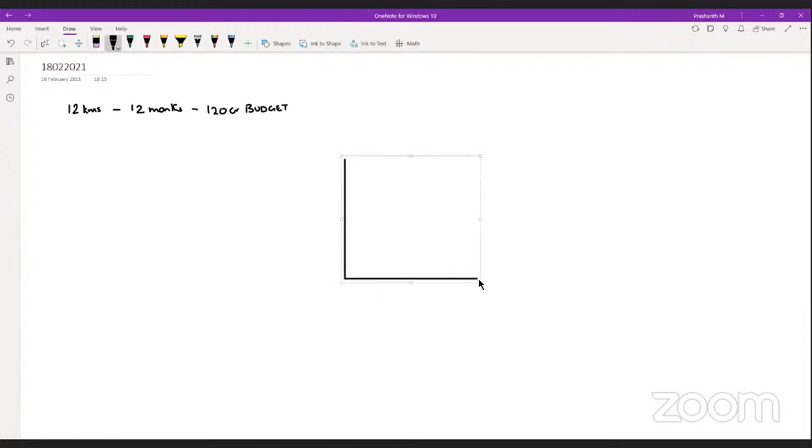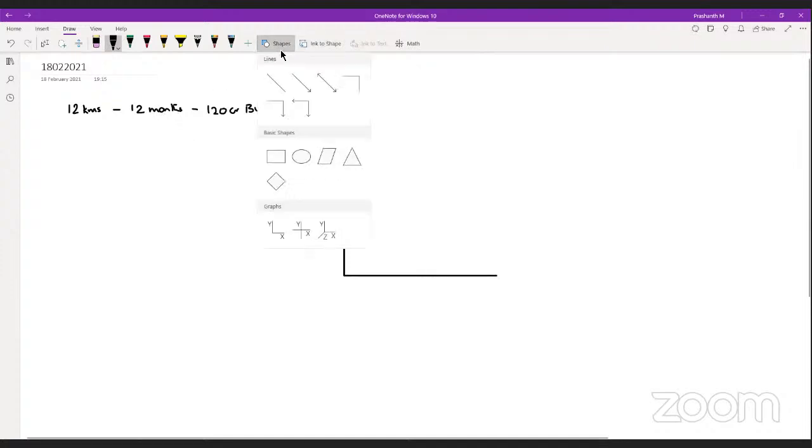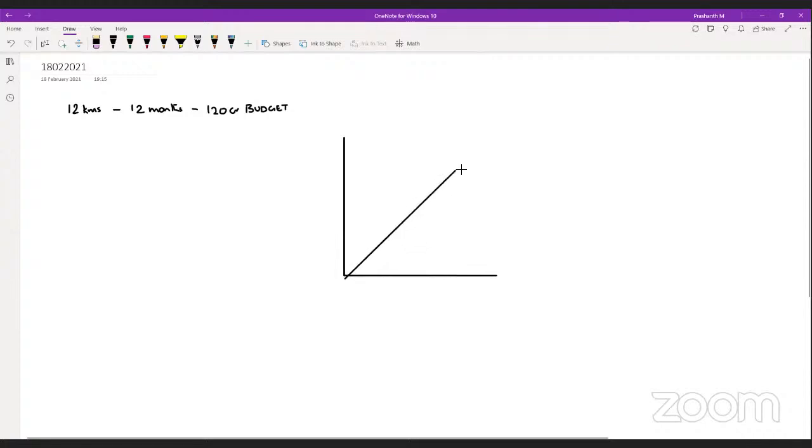So how will the S-curve look like? It will be more of a linear kind of a thing. Yeah, so it's a linear curve, right? So the S-curve will predominantly be a 45-degree angle line that comes like this.